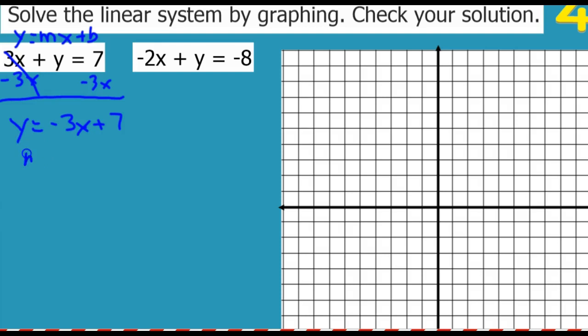So then we have m, which is negative 3, and b, which is 7. On my graph, I'm going to go up to 7: 1, 2, 3, 4, 5, 6, 7. And down 3 and over 1. Down 1, 2, 3, over 1. And we could just keep going until we have enough points to make our line.